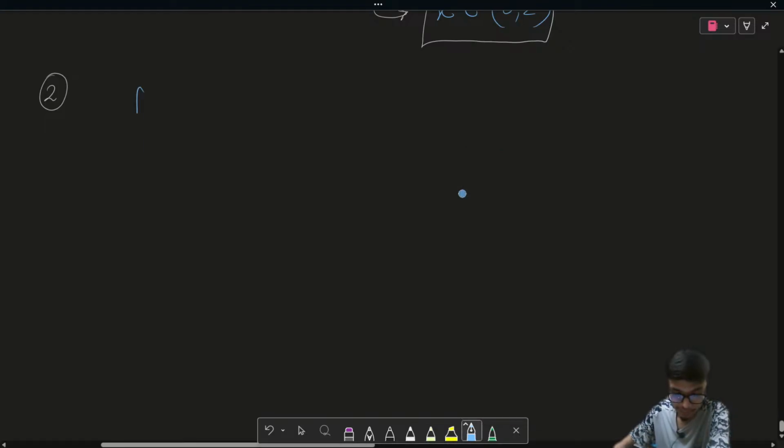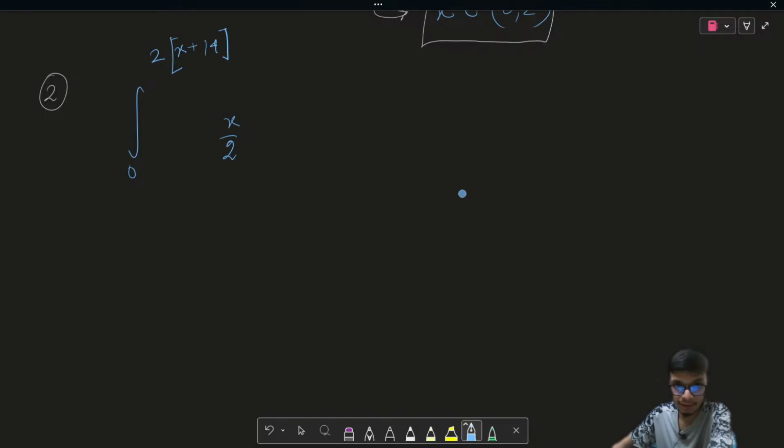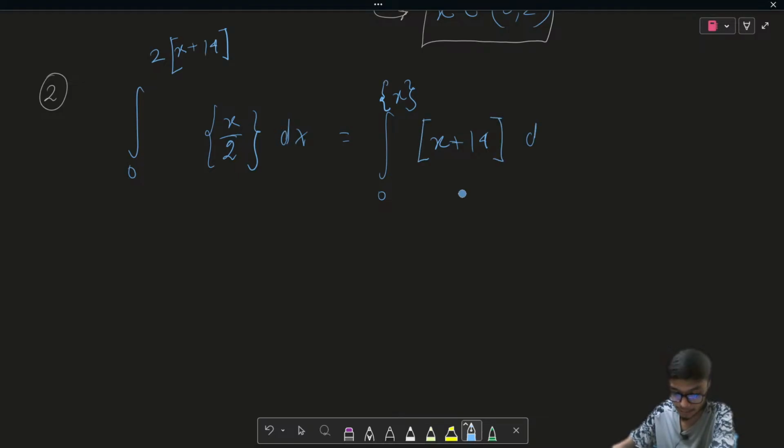Yeah, so the question is integral from 0 to 2 of greatest integer of x plus 14, and then x upon 2 fractional part of this dx, is equal to integration from 0 to greatest integer of x, then 0 to fractional part of x, and then greatest integer of x plus 14 dx, right?